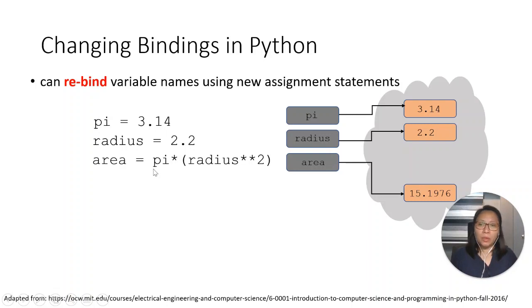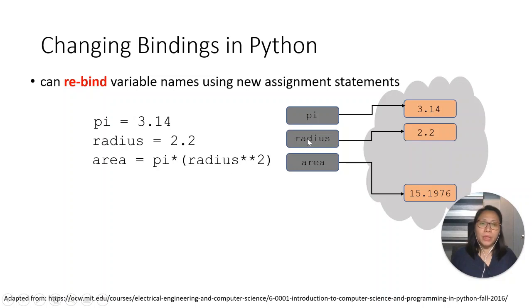We get the value of pi. We go to pi and see the value that it binds to. So it's 3.14 times radius, and the radius is 2.2 to the second power.